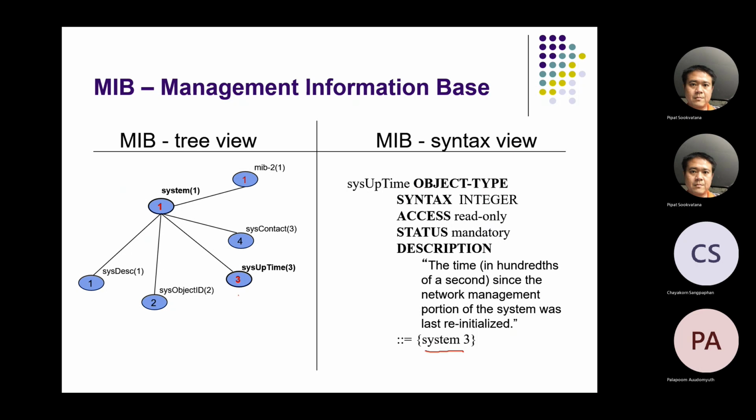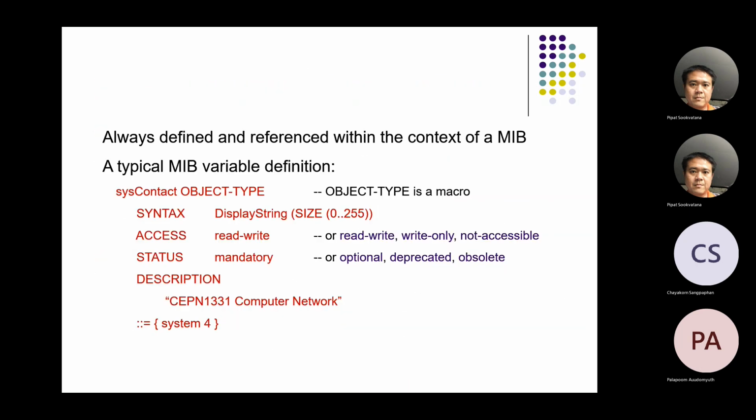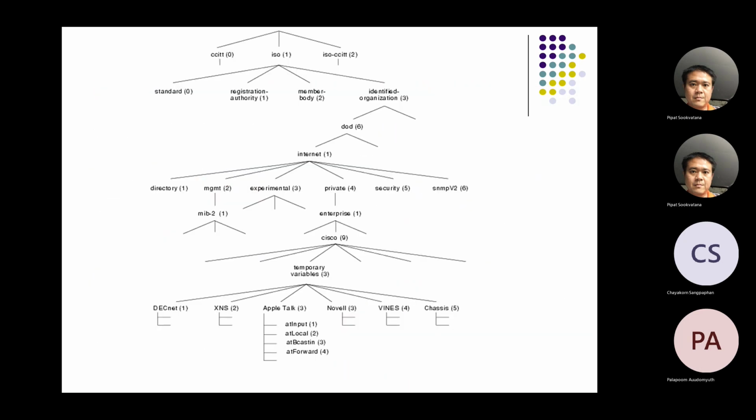Okay, the system contact is 0.4, which is what I showed you here, 0.4. See the system contact. You can go back a bit.